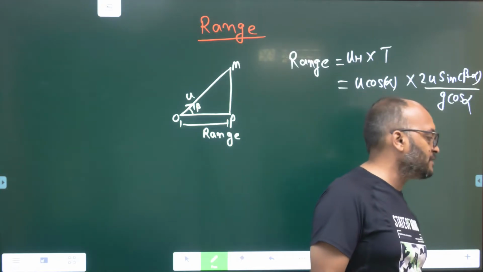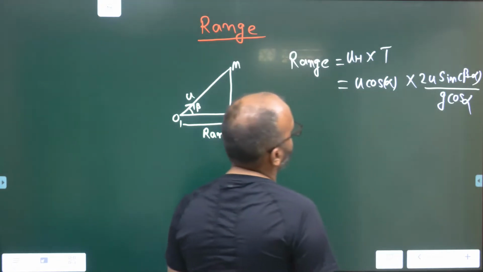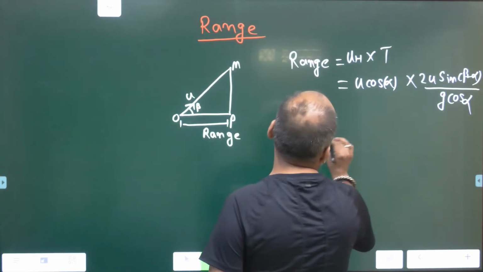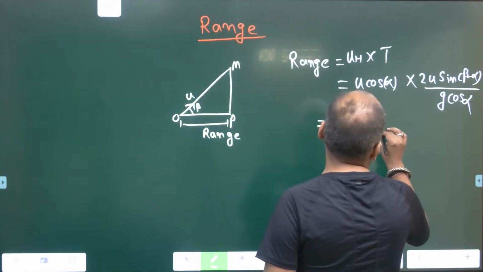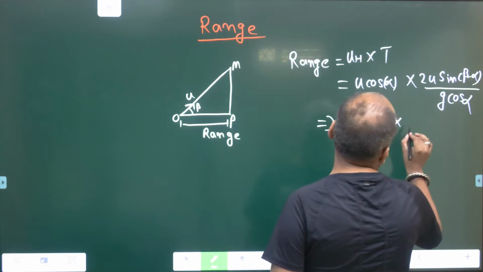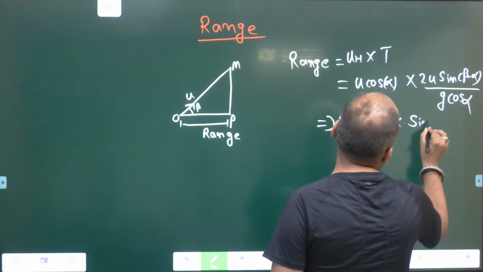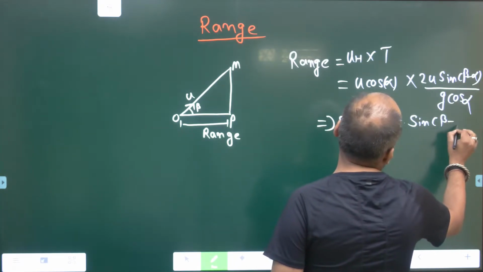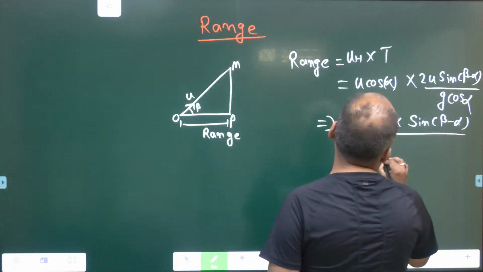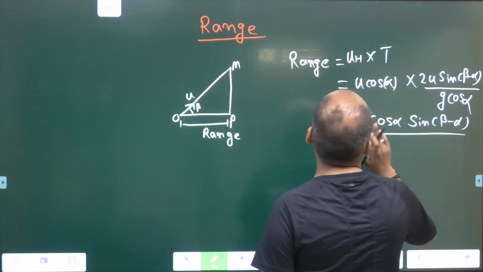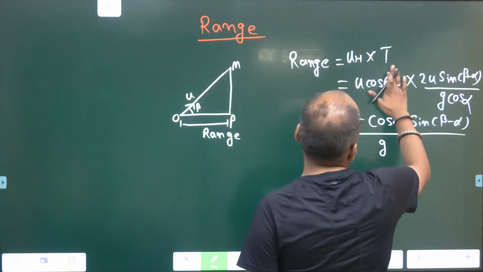I am doing it by the first method. Yes. So it becomes 2u square cos alpha into sine beta minus alpha upon, I have taken alpha, sorry, this is beta.